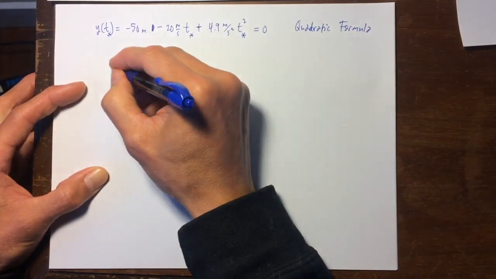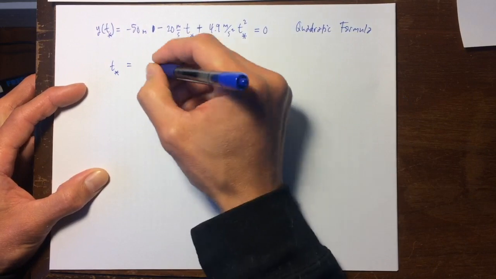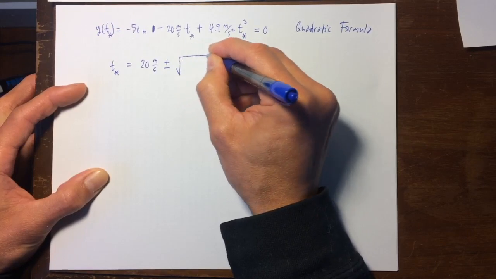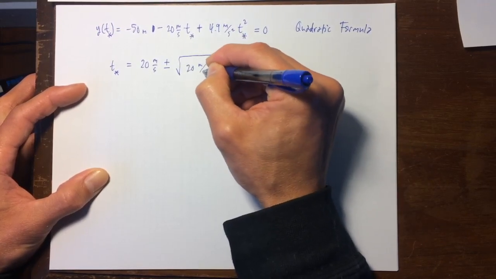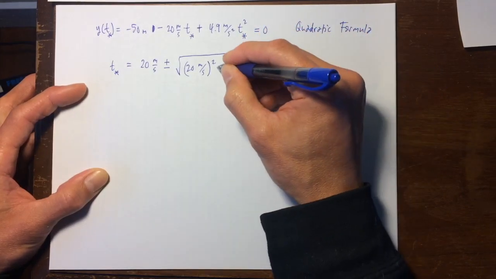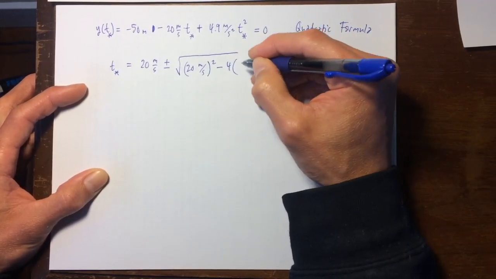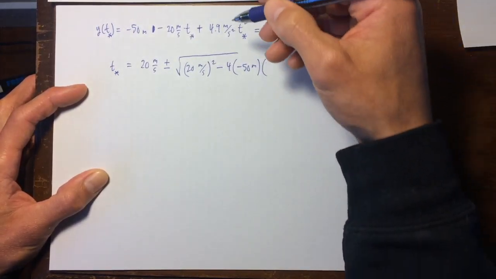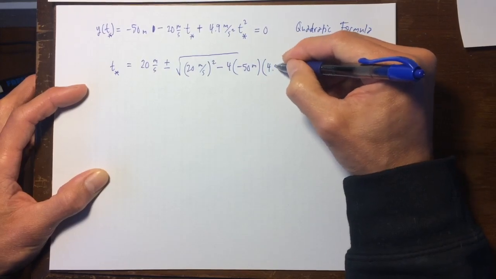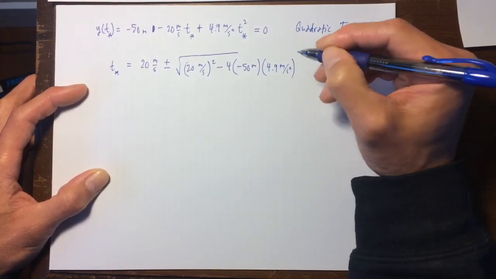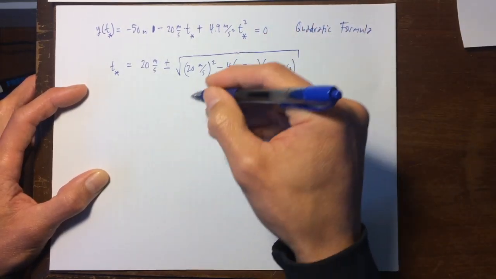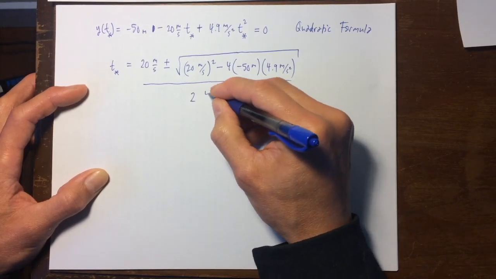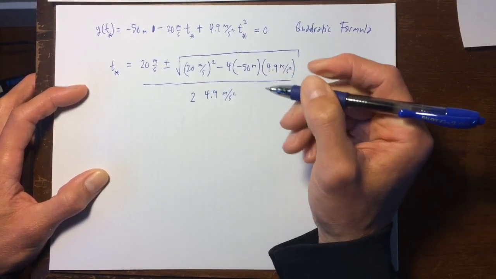It turns out that t star is equal to 20 meters per second plus or minus the square root of 20 meters per second squared minus 4 times negative 50 meters times 4.9 meters per second squared, all divided by 2 times 4.9 meters per second squared.